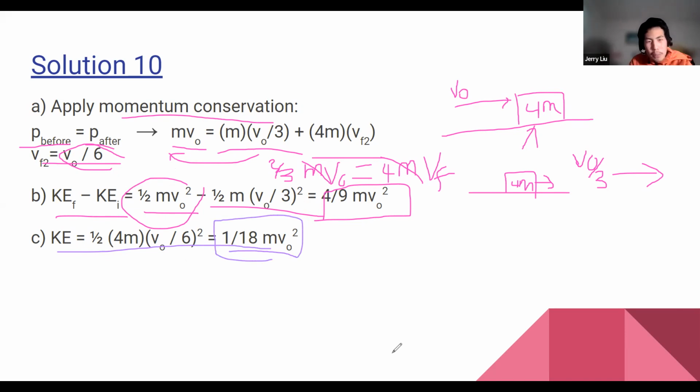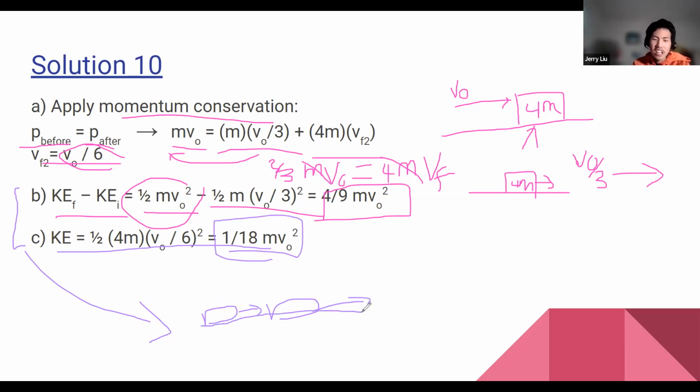So the main thing to watch out for in B and C is to not assume that just because the collision is one-dimensional and both things are moving afterwards, it is an elastic collision. Elastic collision specifically dictates that the kinetic energy has to be the same. Here it is a partially inelastic collision, because energy is lost.